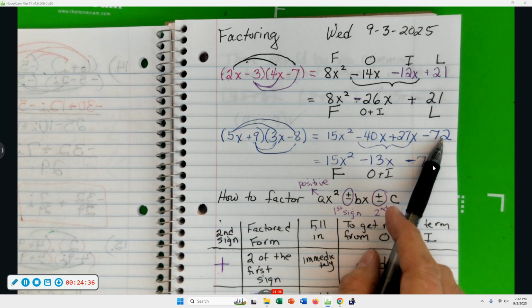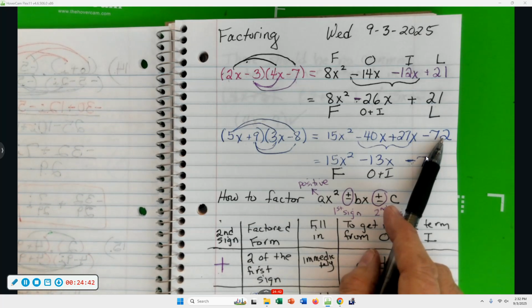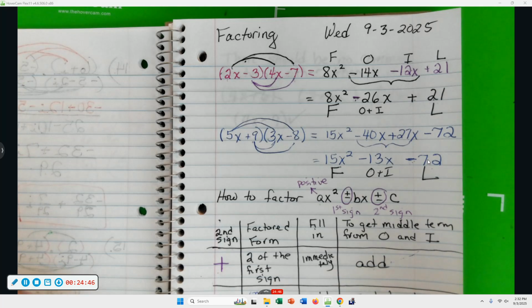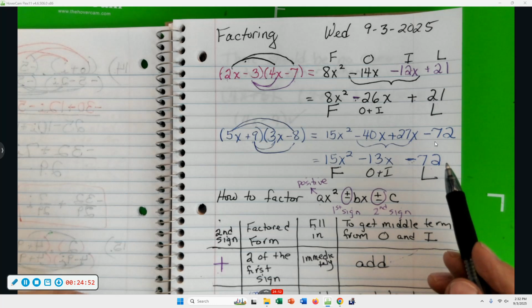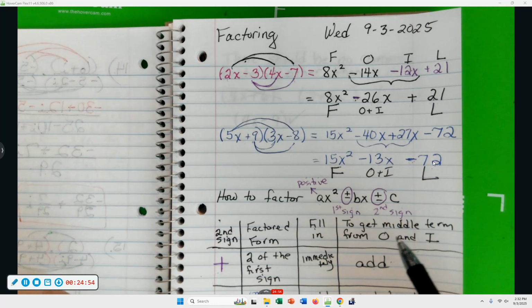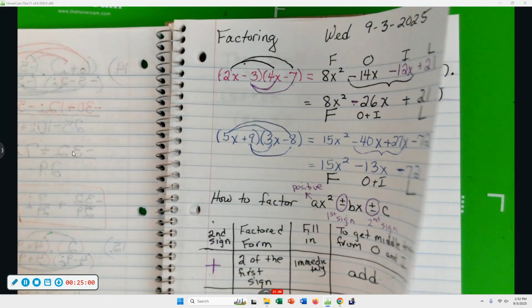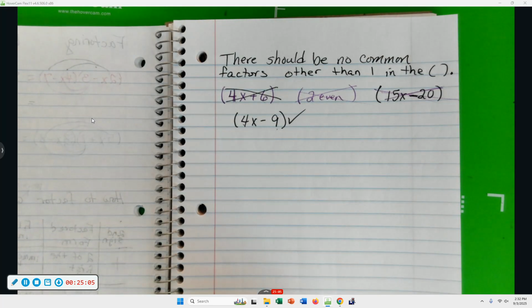There's a lot of pairs of integers that multiply together to give you 72. 2 times 36, 3 times 24, 4 times 18, 6 times 12. Yes, you're right. But anyway, let's do number 2 right now.